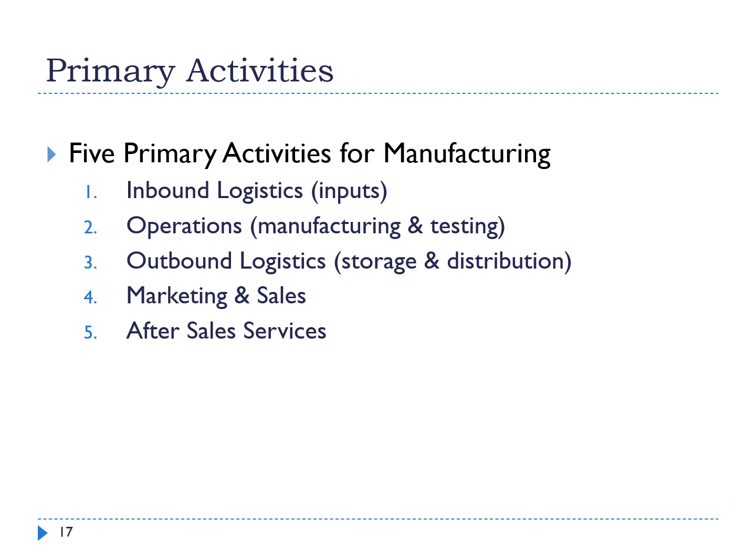Here are 5 primary activities for manufacturing companies, including inbound logistics, operations, outbound logistics, marketing and sales, and after-sales service.